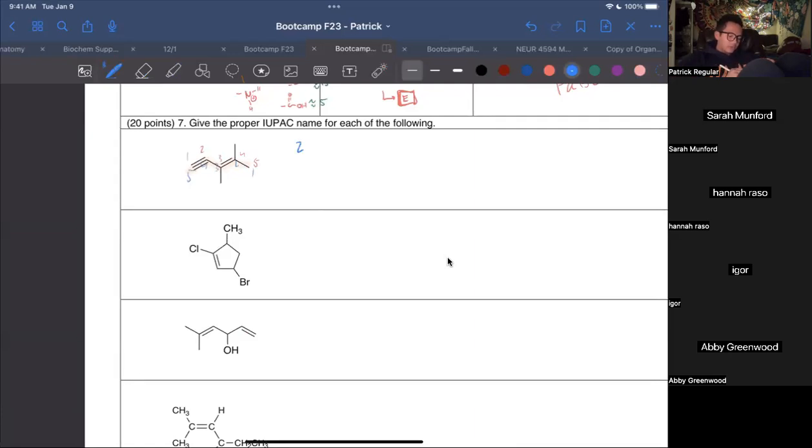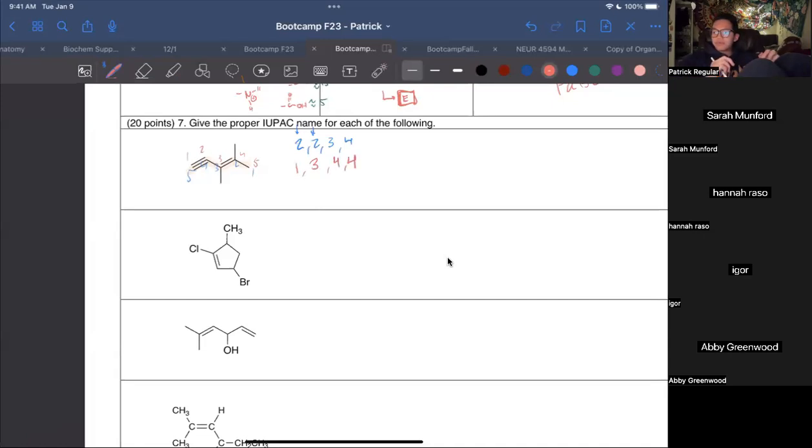Blue, we have 2, 3. Whoops. It'd be 2, 2. 1 for the methyl, 1 for the alkene. That's why. Right here, the methyl and the alkene. It would be 3 and then 4. Right to left, it would be 1, 1, 3, 4.